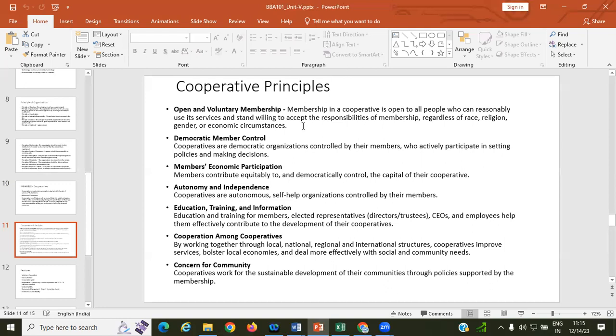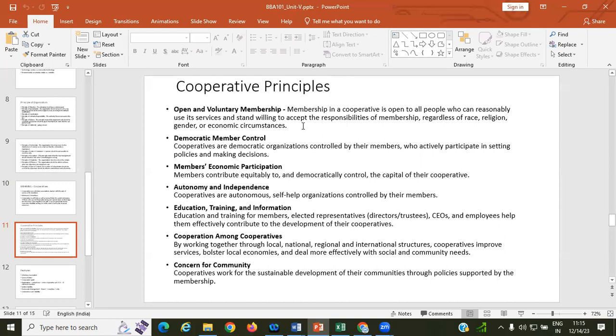So that is democratic. In a cooperative society, similarly, you vote and select a committee who is going to organize and manage your society. That's why it is called democratic member control.